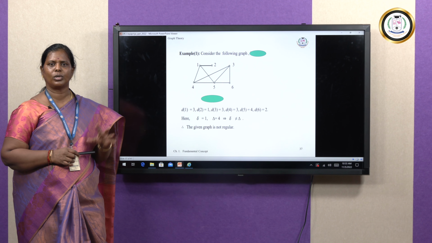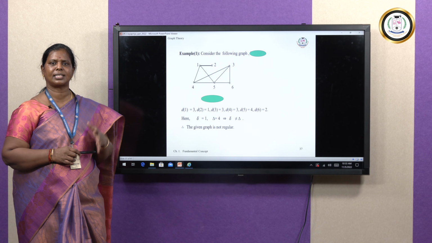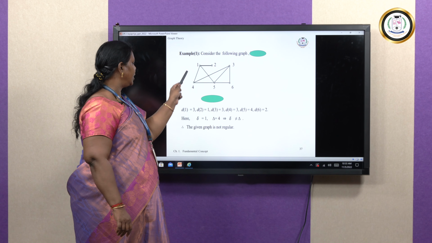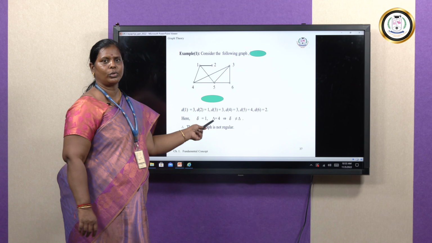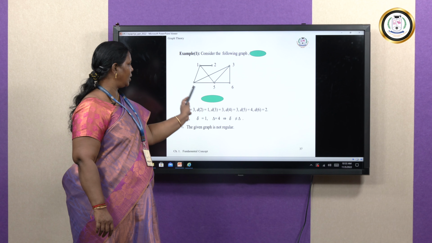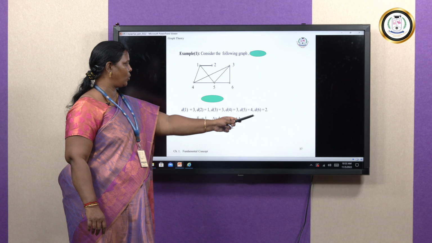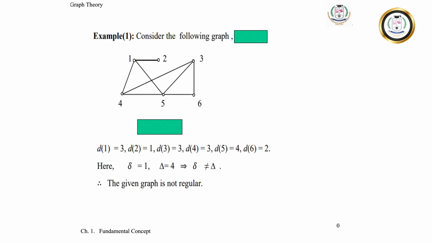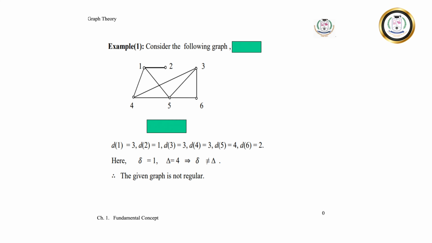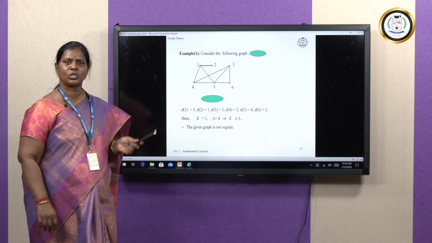We have discussed the minimum degree vertex and maximum degree vertex. So, here is an example. You notice that the degree of 1 is 3, the degree of 2 is 1, the degree of 3 is 3, the degree of 4 is 4, the degree of 5 is 4, and the degree of 6 is 2. Out of this set of degrees, the minimum degree is 1, since the degree of vertex 2 is 1.